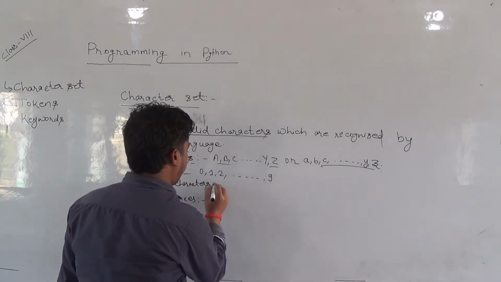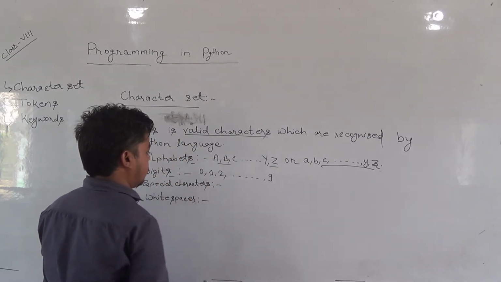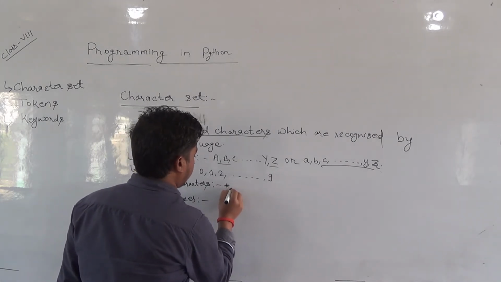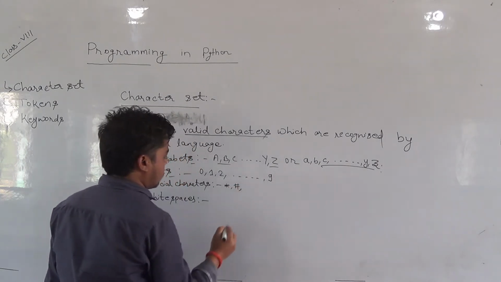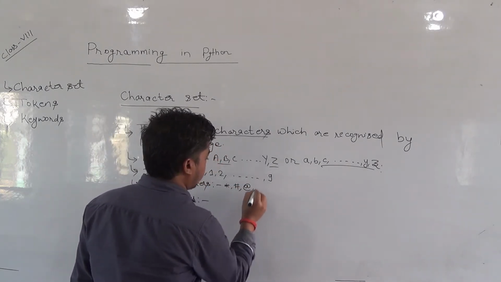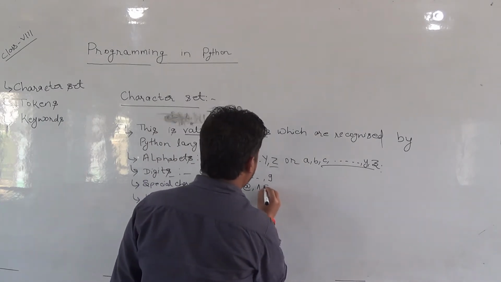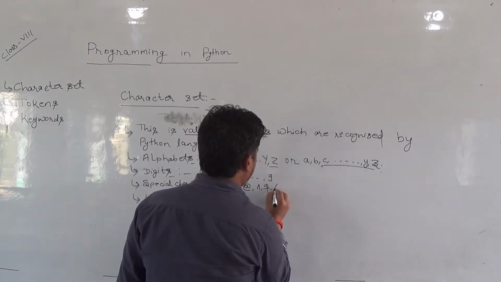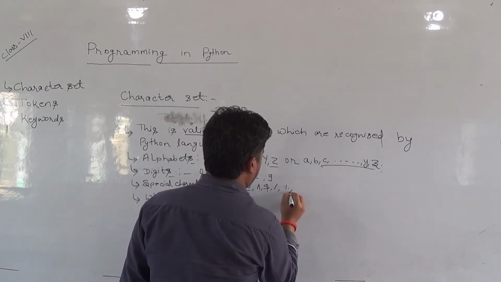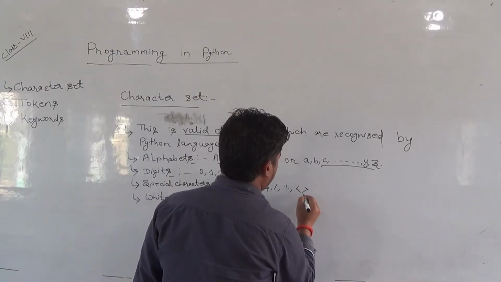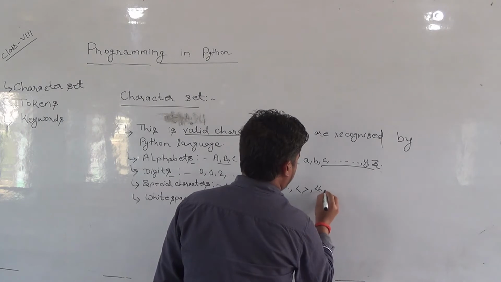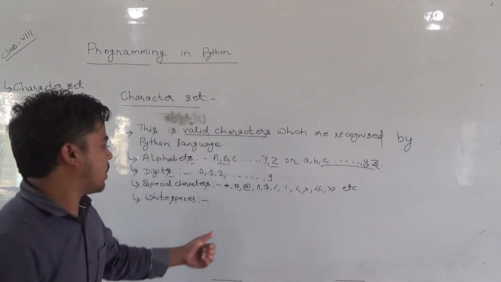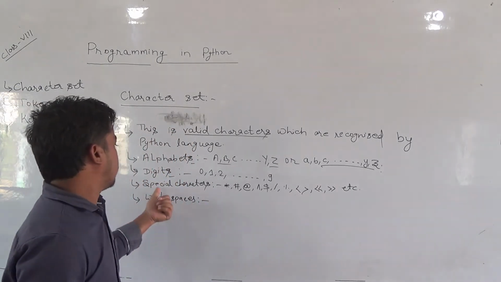Now, if we talk about special characters, then different characters will come under this, such as star, at the rate, left shift, right shift, etc. Whatever special characters we have, all will come under this category.